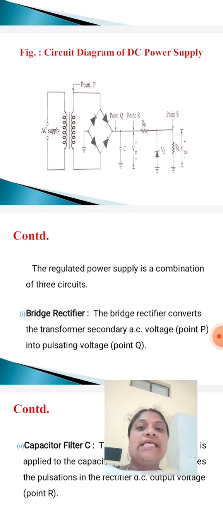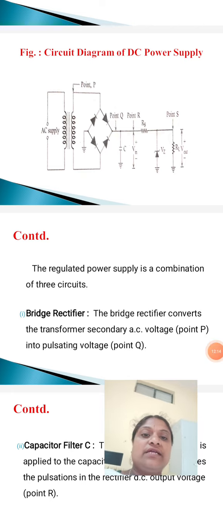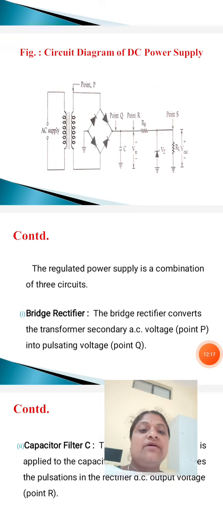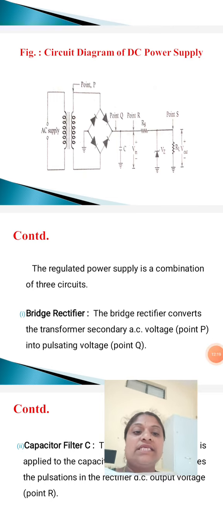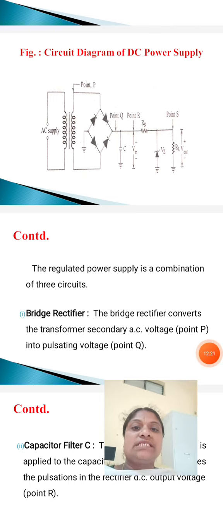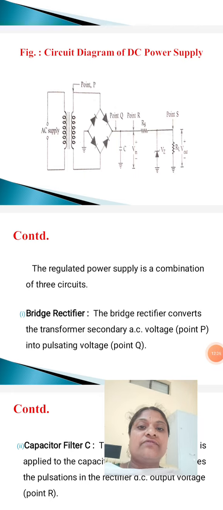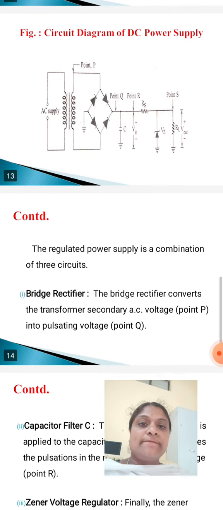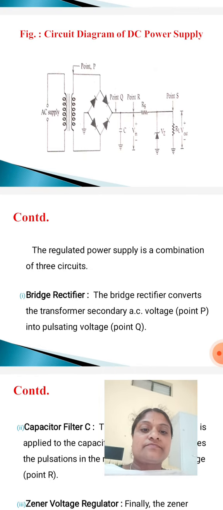Observe this. The AC supply is applied to the primary winding of the transformer. This AC supply goes to the secondary winding of the transformer by mutual induction. Point P is the secondary winding AC voltage.